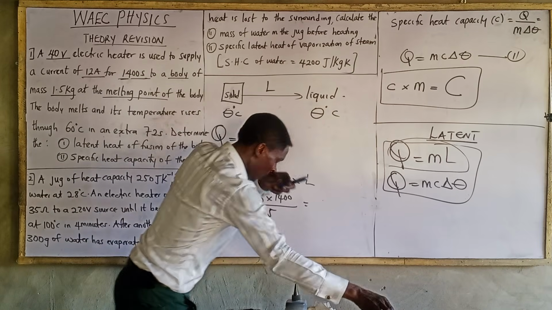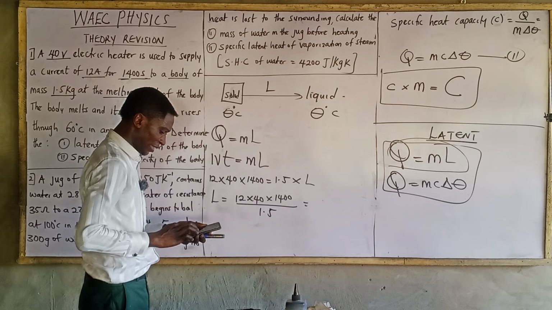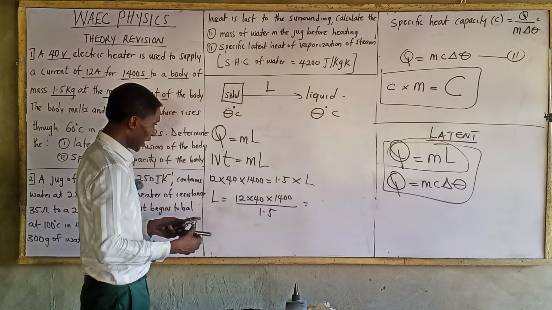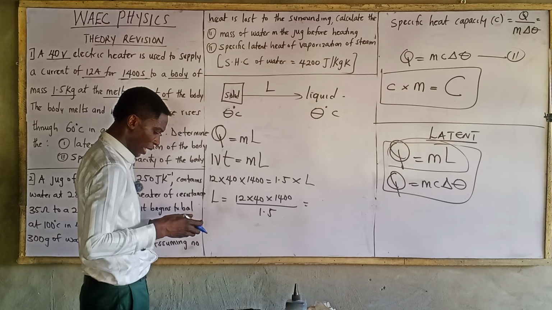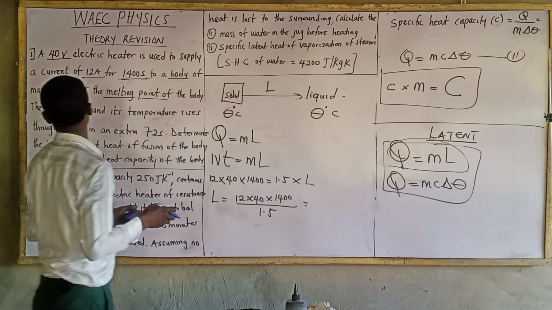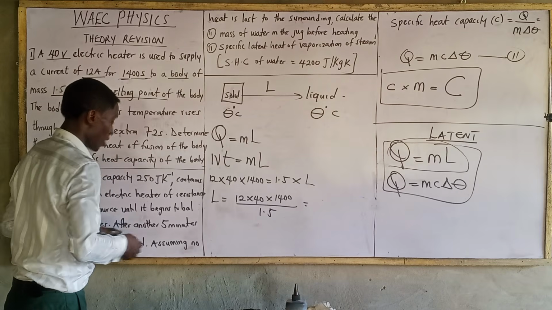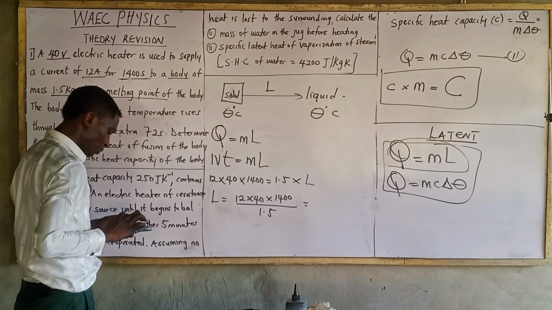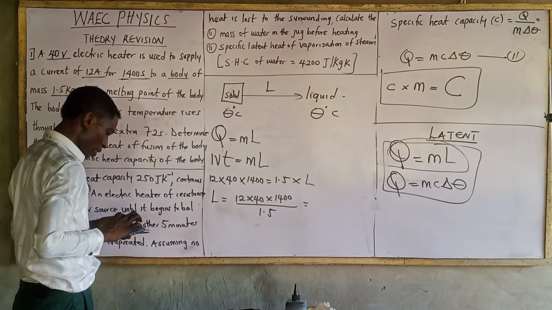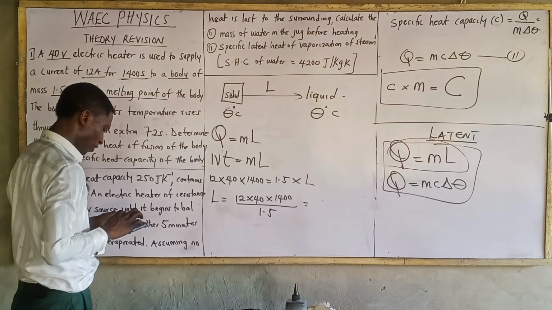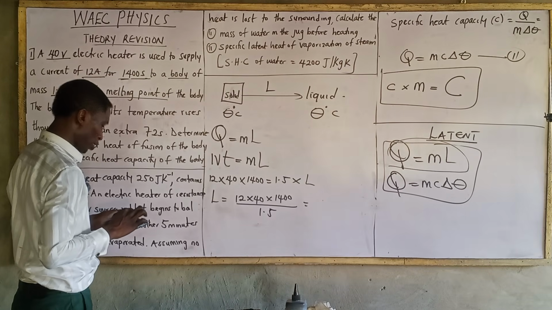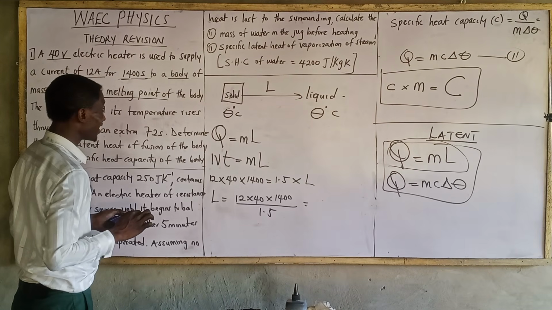So let's go and see what we've got in the calculator. Here we have 12 multiplied by 40, then multiplied by 1,400.